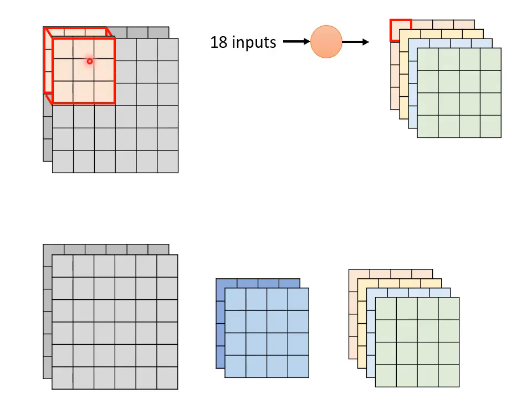In this example, what is the number of parameters in a filter? The parameter count of a filter is 3 times 3 times 2, which is 18. You take the 18 parameters in the filter and the 18 values at the upper left corner of the input feature map and do the inner product to get the value at the upper left corner of the output feature map. So each of your filters has 18 parameters.